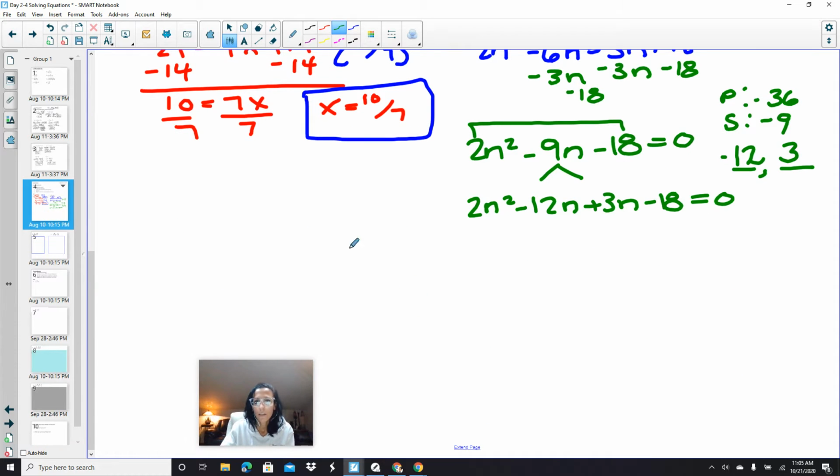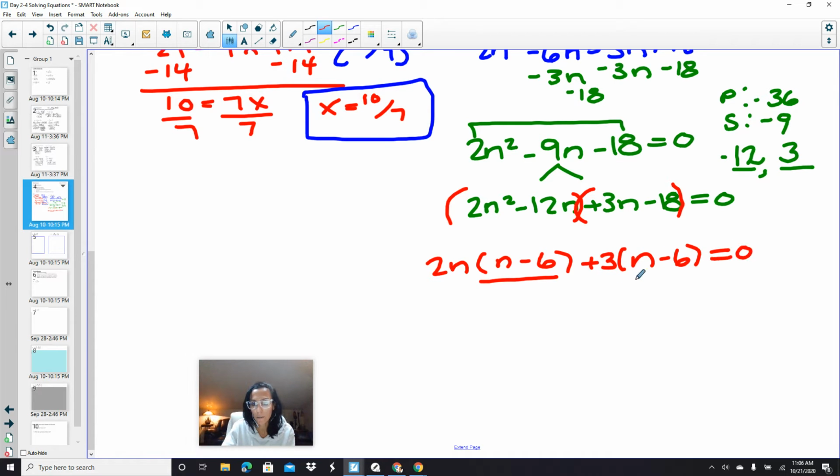Okay? So now that we have that set up, we're going to group, and then take out a GCF from each group. In this case, it's going to be a 2n, and I'm left with n minus 6. Remember, when you factor out a GCF from this group, your remaining binomial must be the same as this one. I'm going to take out a 3, left with n minus 6 equals 0.